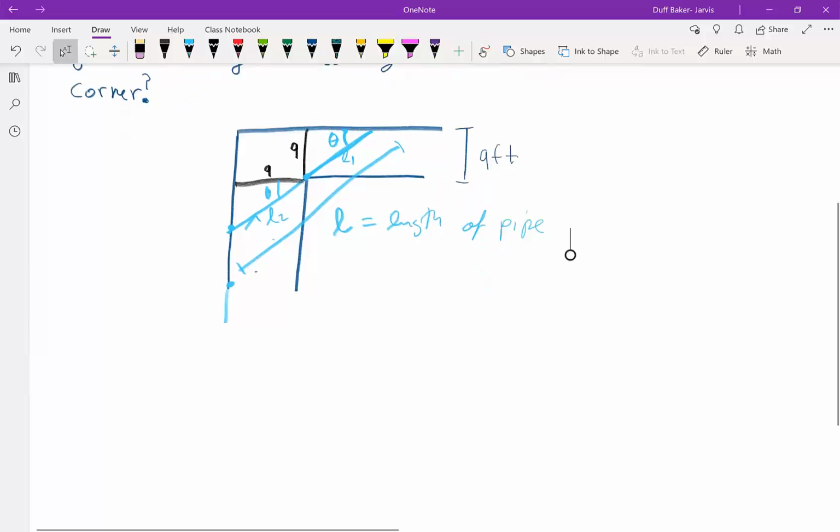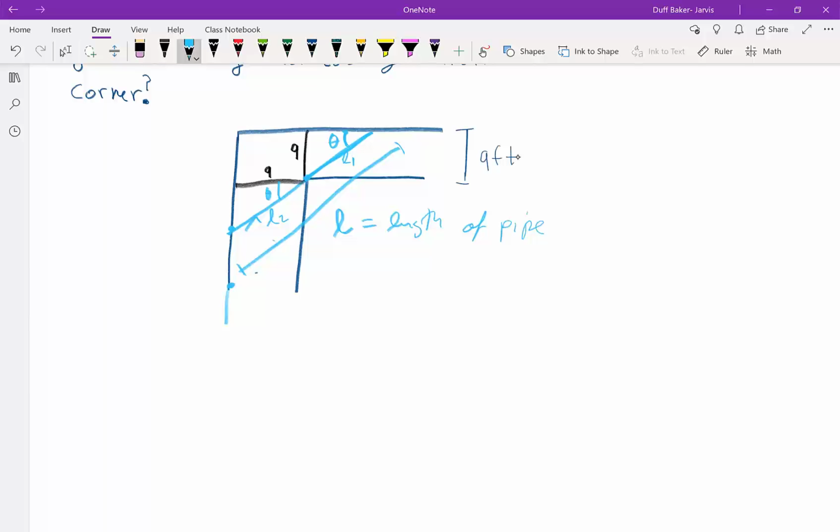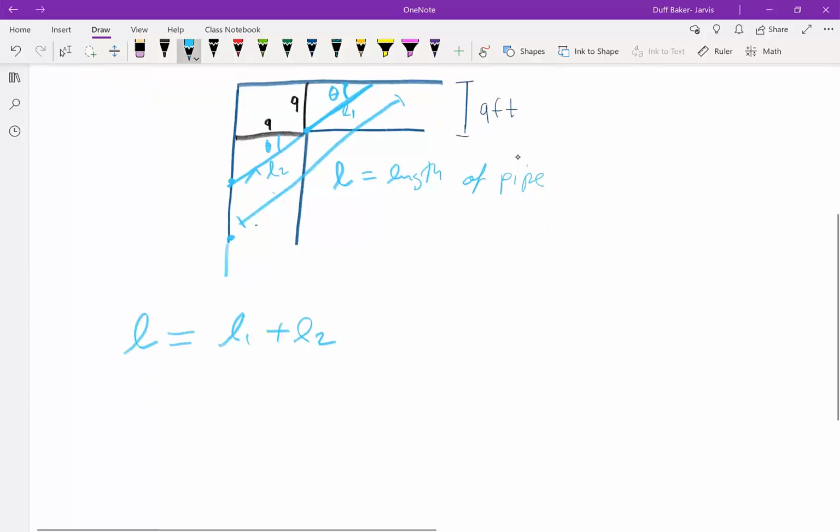So the thing we're trying to minimize is the length, so we have to write down an equation for the length. The length is going to be just L1 plus L2, but we're going to write these in terms of the angles.